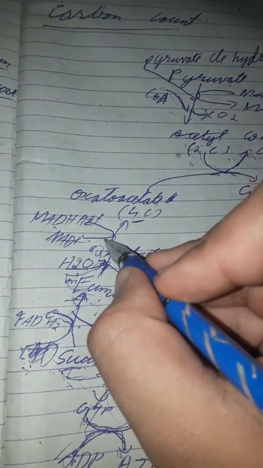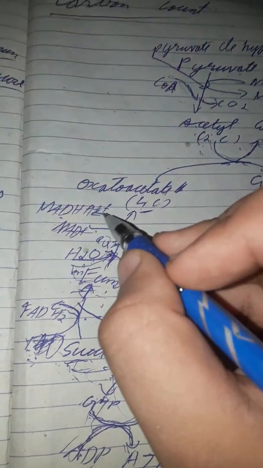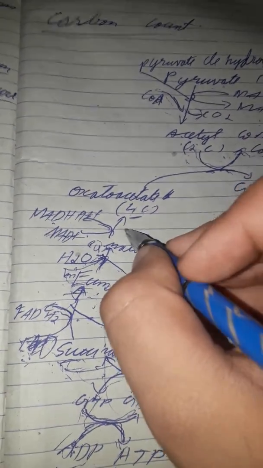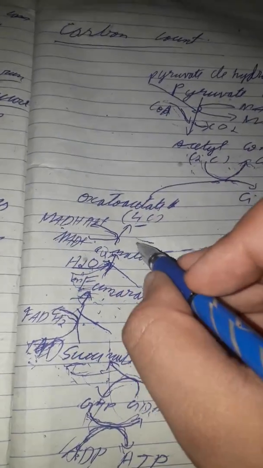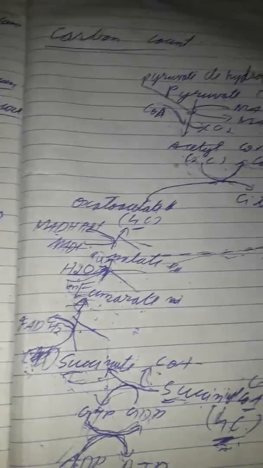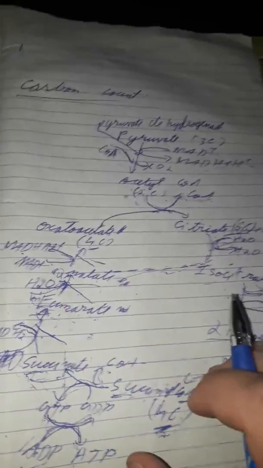Okay. Next step, carbon dioxide will not move out, but still NAD plus is converted into NADH plus H plus. And what enzyme acts here? Malate dehydrogenase acts here to convert the malate into oxaloacetate. So the cycle repeats again and again.